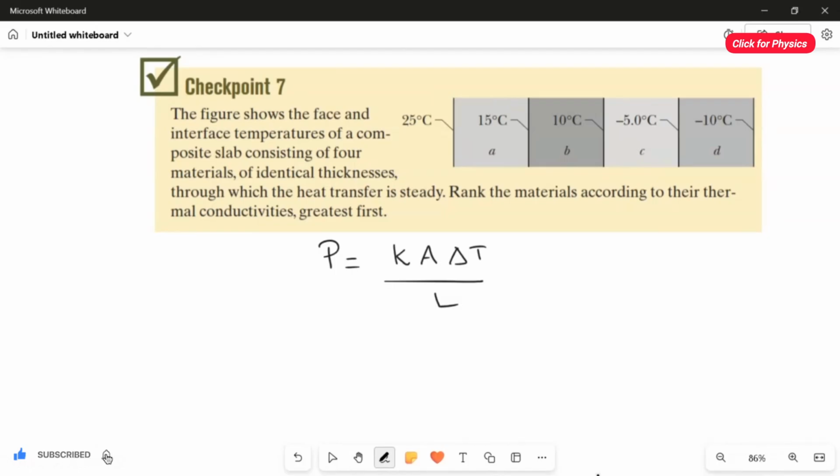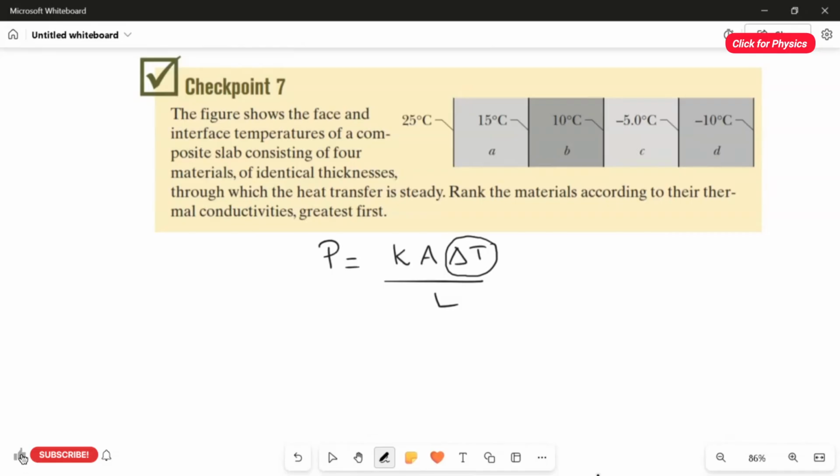Based on the information given in this checkpoint, all 4 materials are identical in thickness. That means let's consider the area and the length to be exactly the same, based on the figure. So the only information we have to find the greatest thermal conductivity is the change in temperature.